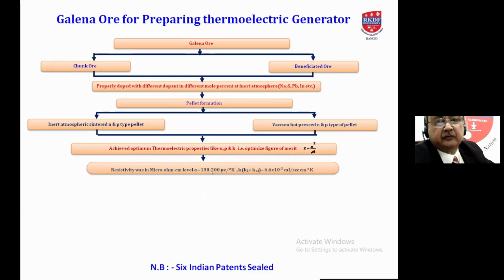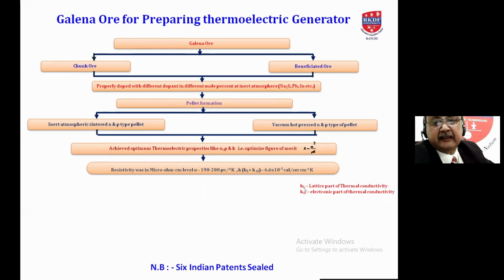Thermoelectric power was 190 to 200 microvolt per degree Kelvin, and thermal conductivity was 6.6 into 10 to the power 3 calorie per centimeter per second per Kelvin.